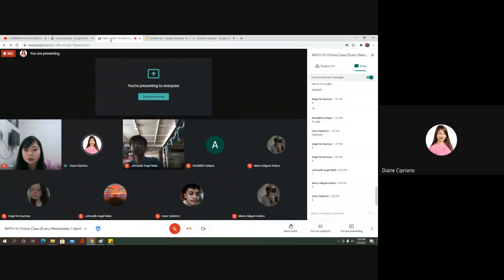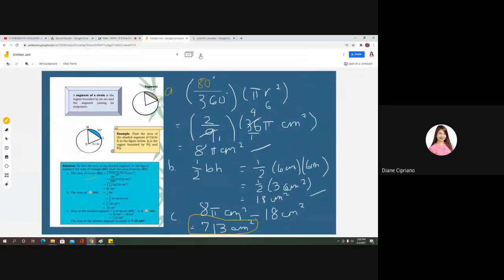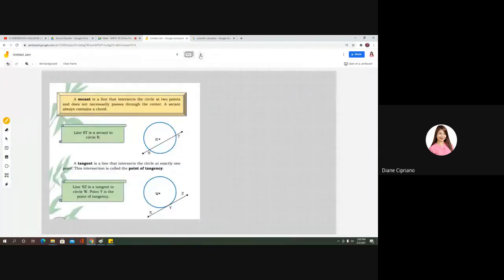So for our given slide number 5, the secant is a line that intersects the circle at 2 points and does not necessarily pass through the center. A secant always contains a chord. So in this example, line ST that passes through the circle is a secant in this circle.